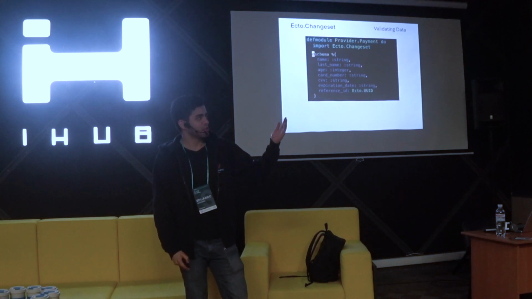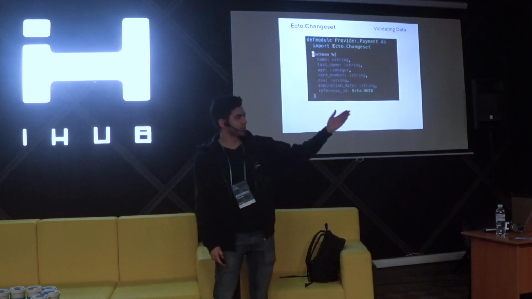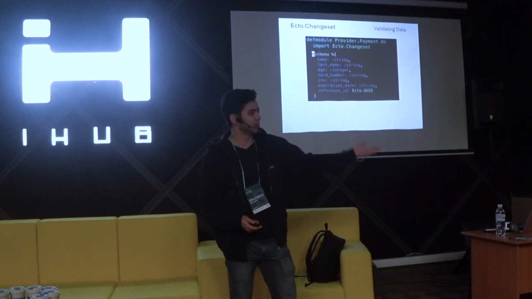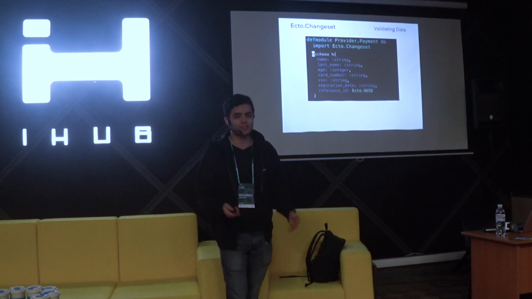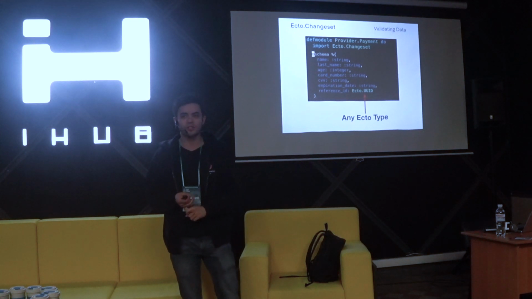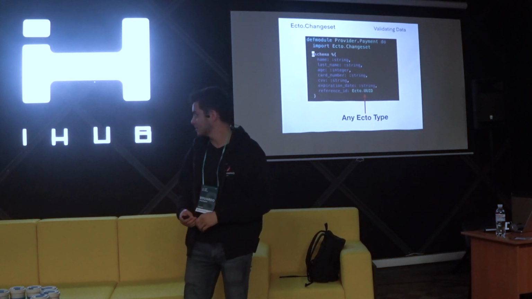So you transform this into just a map with keys and values, a regular Elixir map. And the keys are your fields, and the values are your data types. And it's pretty cool because you can put any Ecto type. It can be a UUID. You can write your own Ecto type if you implement the behavior.